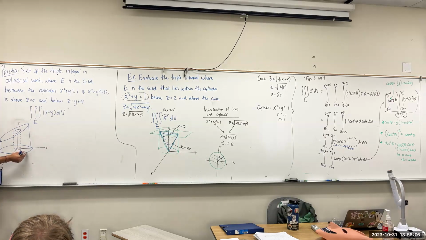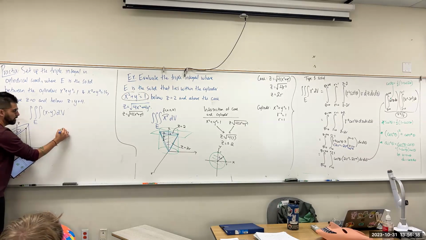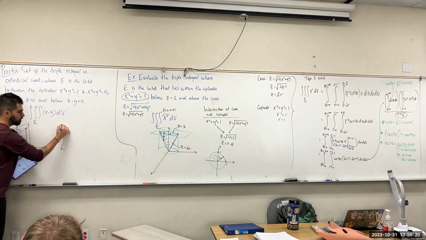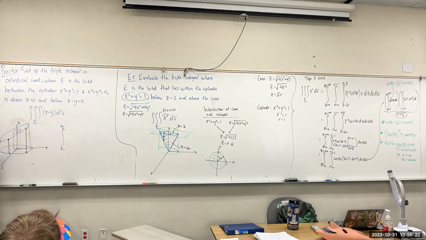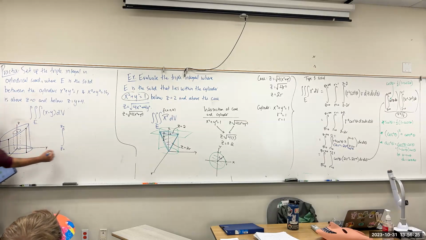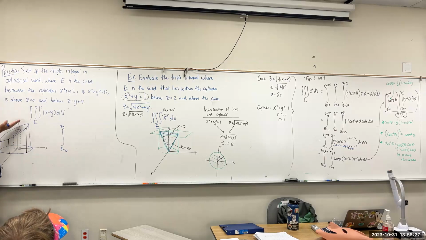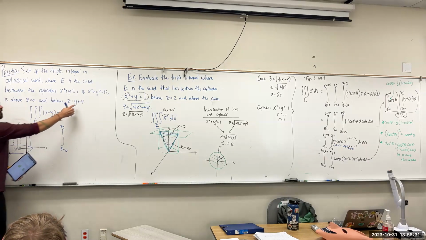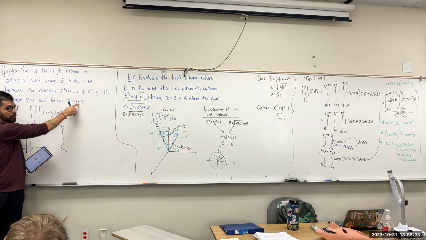Notice that Z is going to be bounded below by the XY plane, which is down here, all the way up to that slanted plane, right? So you're going to have your Z. What did you guys put for the bound below? Bounded below by z equals 0, and bounded above by the plane, but you're writing it in cylindrical, right?